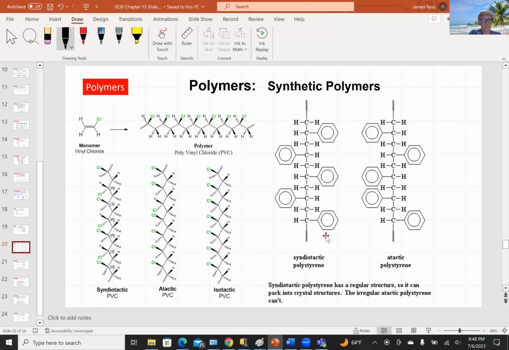I'll draw the styrene monomer, and when we polymerize it, it becomes polystyrene. Polystyrene is that white packaging stuff that you get in furniture and what have you. Here's the unit that repeats over and over again.